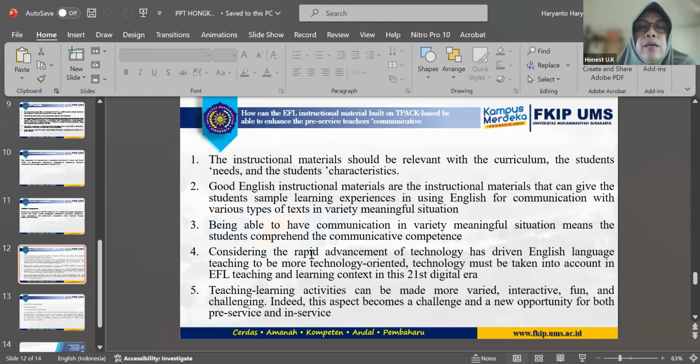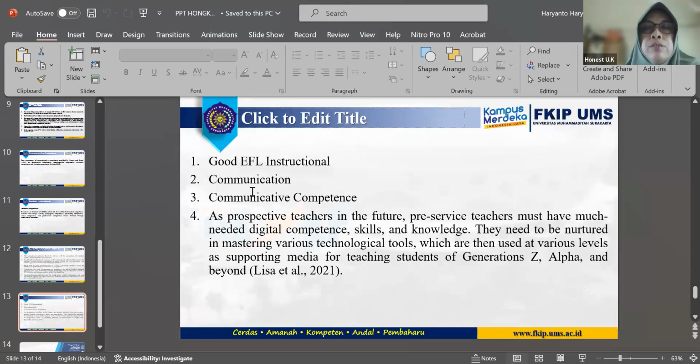Okay, the last question. How can EFL instructional material built on TPACK be able to enhance the pre-service teacher's communicative competence? Well, I would like to answer this question by referring to this slide. First, we have to prepare a good EFL instructional material, which has been explained earlier.